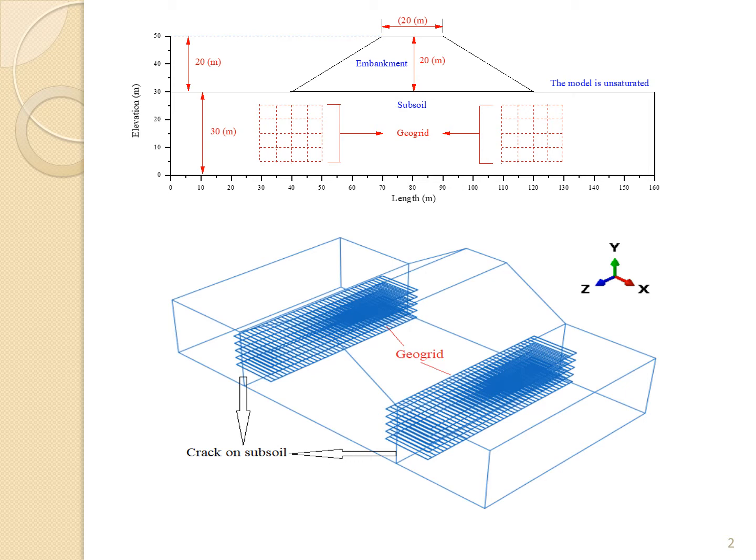In the second part, we have an embankment and subsoil with the crack. And X, Y, and Z directions are shown in this picture, and the seismic load is applied to the model in X, Y, Z directions simultaneously.